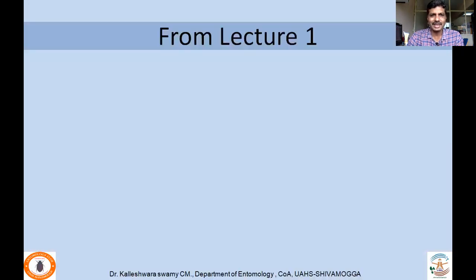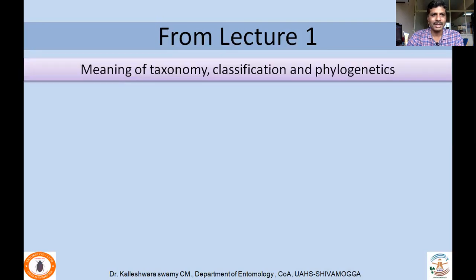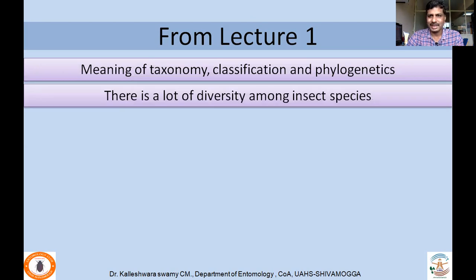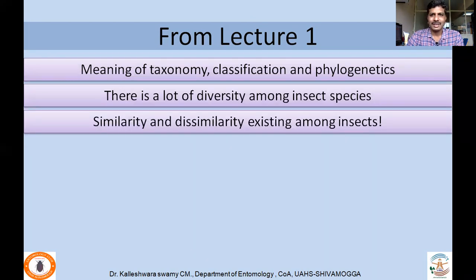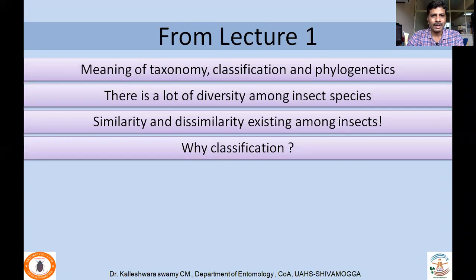So in the previous lecture, we discussed the meaning of taxonomy, classification, and phylogenetics. There is a lot of diversity among insect species, and among that diversified insect group, there is a similarity as well as dissimilarity. And we also studied the importance of classification, why classification has to be done.